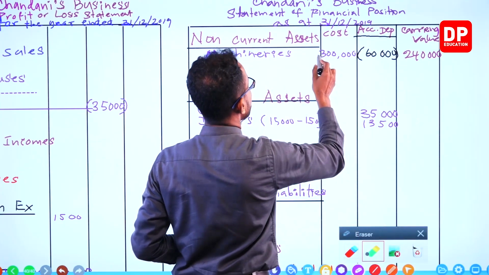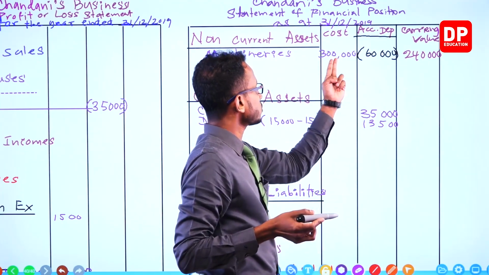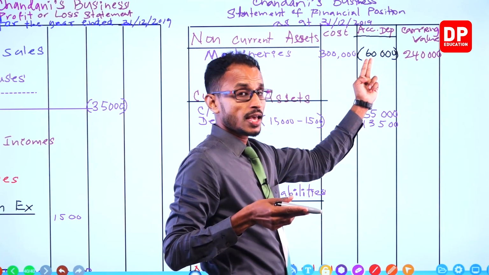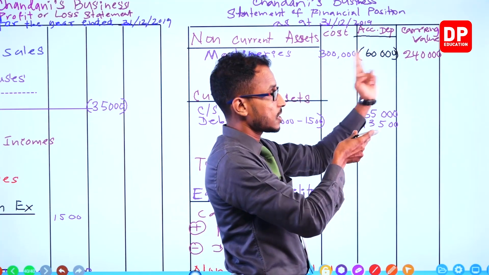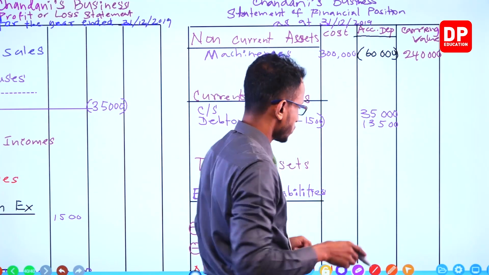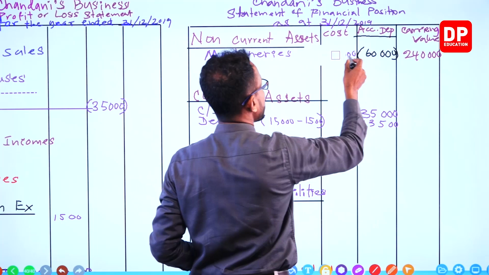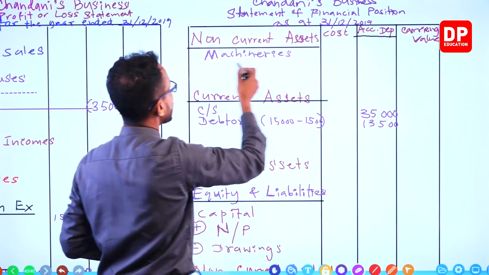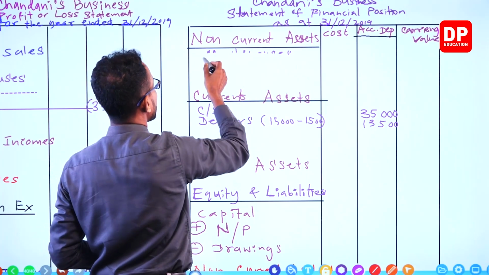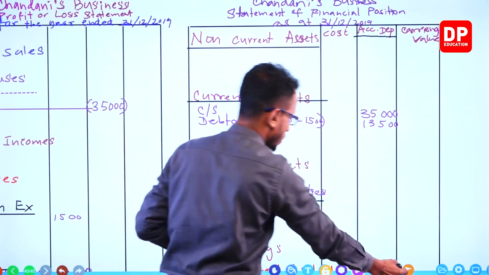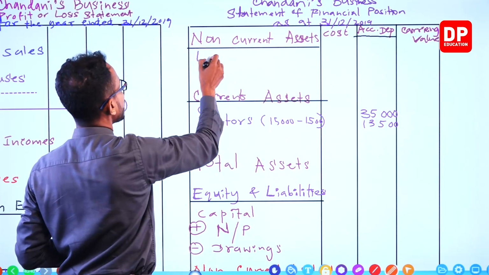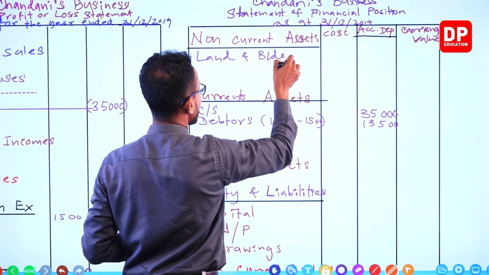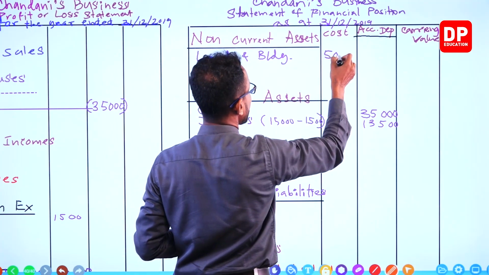Right? We'll just remember the values. Cost 300,000, accumulated depreciation 60,000, and 240,000. Just remember the values, and put land and buildings on top. Land and buildings on top. Cost is 500,000.